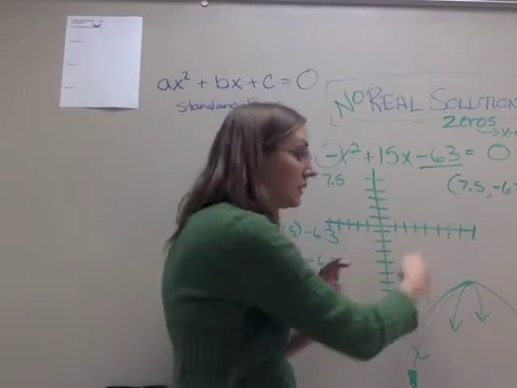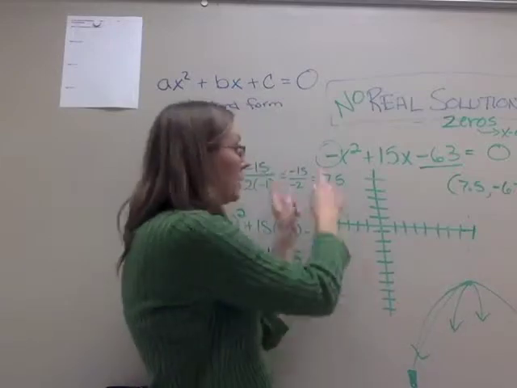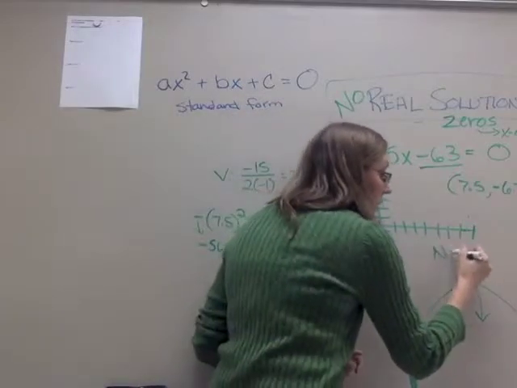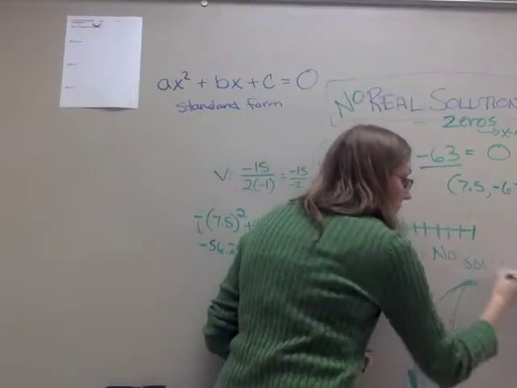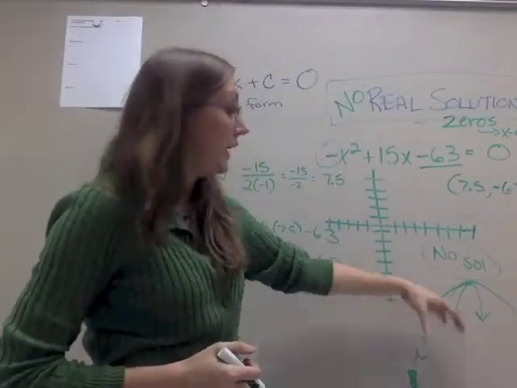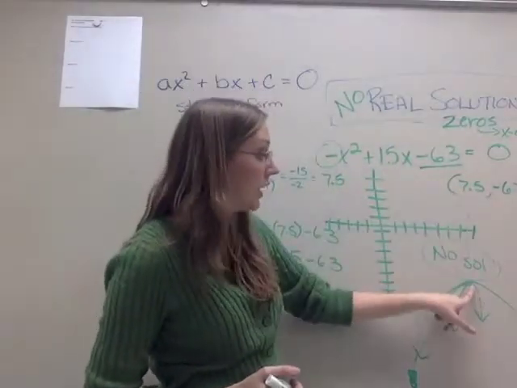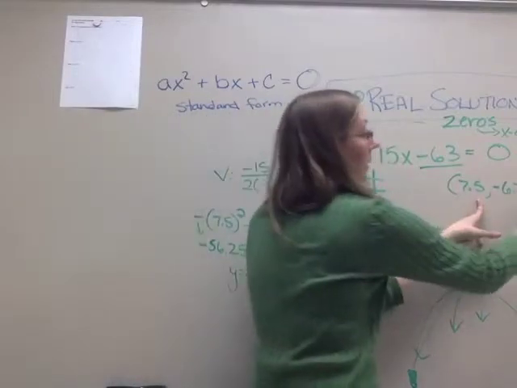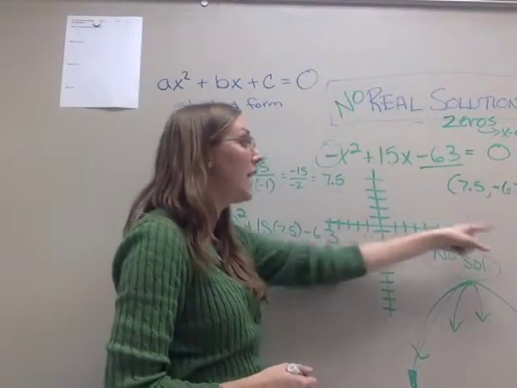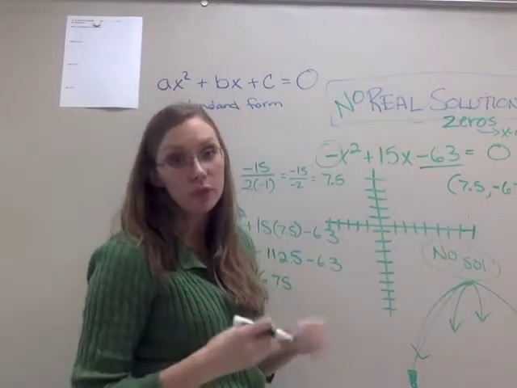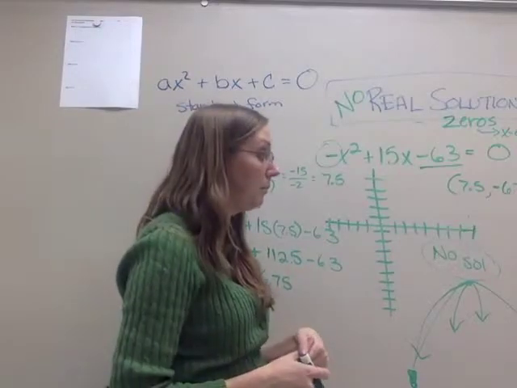And that's how, from a graph and from this equation, we can see we're going to get no solution. The graph exists. It's an upside-down n, centered right here at this coordinate pair. But it will never hit the x-axis, so essentially there is no solution or no zeros in this problem.